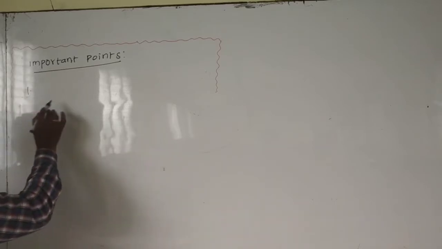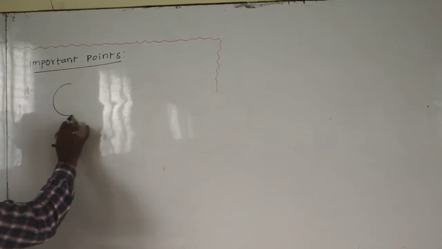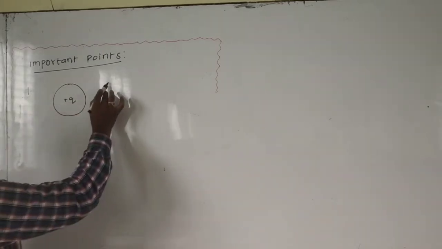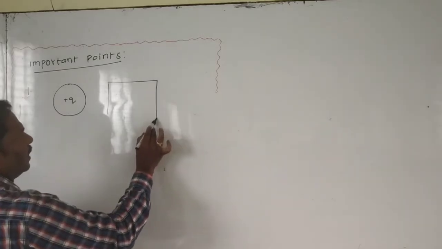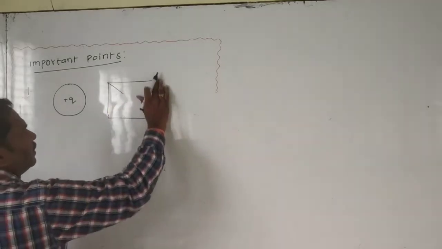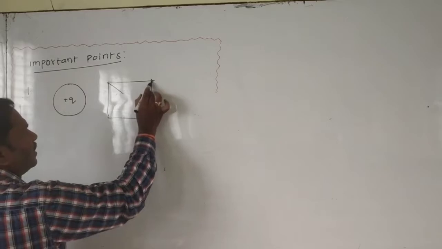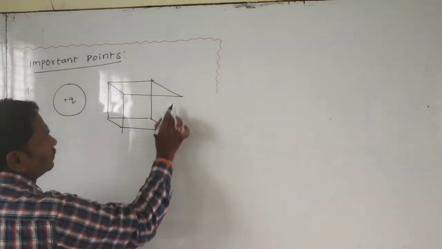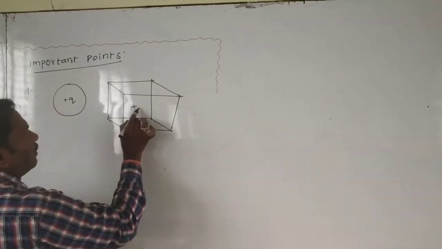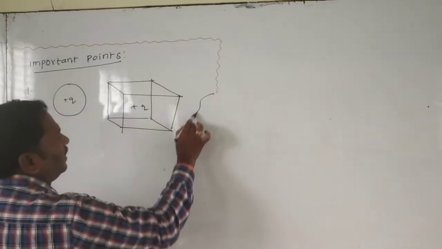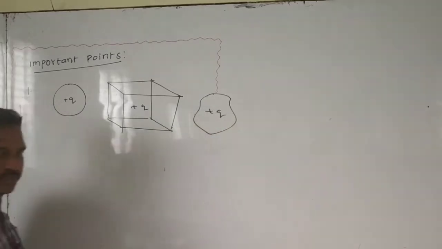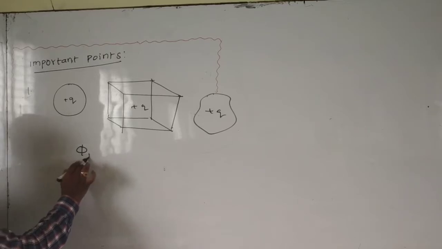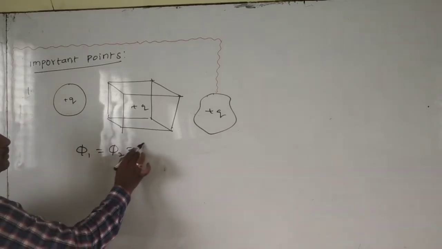Let's say this is a sphere having charge plus Q, and this is a cube having charge plus Q, and also any other irregular shape having charge plus Q. All of them produce the same electric flux, phi1 equals phi2 equals phi3.